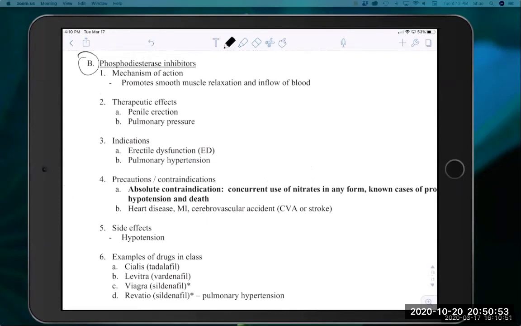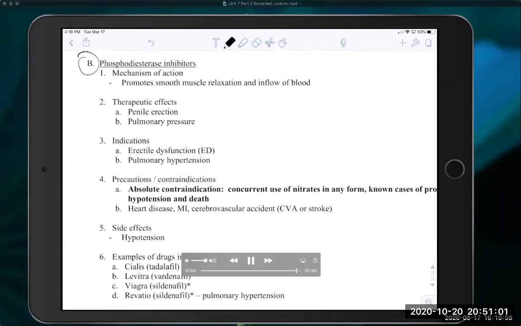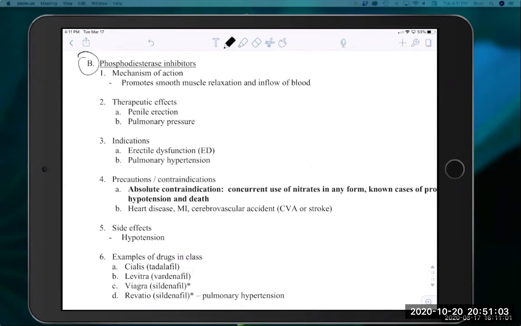So why is this important? We think about especially our older patients, maybe that have issues with erectile dysfunction. They would be on this type of class of medication. Therapeutically speaking, it does aid in penile erection. We may also give it for patients who have pulmonary hypertension. It slows that progression and can also help reverse some of the damage that has occurred to the heart and lungs.